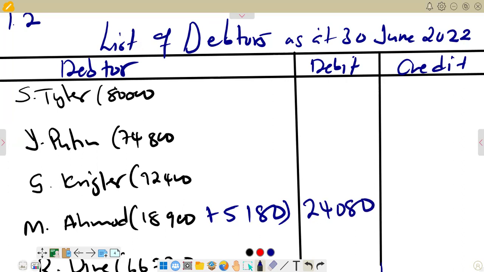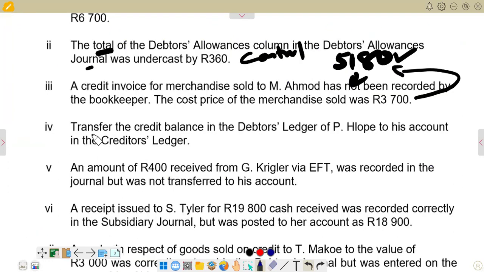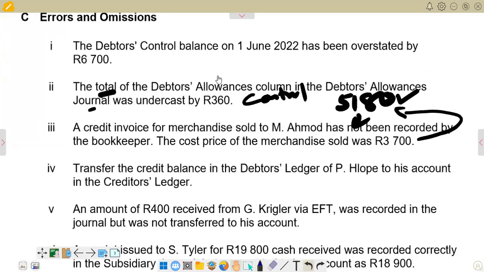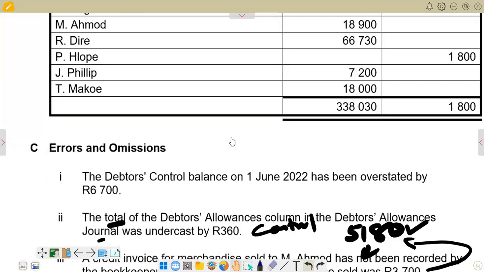Then we go back again to check on the next correction. We are now on item 4, which is saying transfer the credit balance in the debtors ledger of P4P to his account in the creditors ledger. I remember we are given that figure in the list of balances that we need to transfer to the creditors ledger.